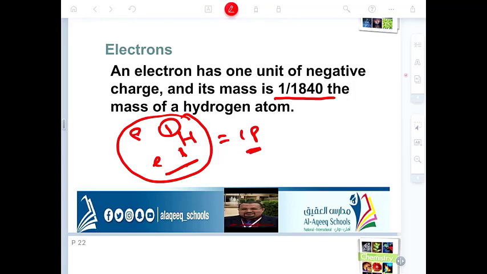To imagine it, the mass of the electron is 1 over 1840 of the mass of the proton, or we can say of the mass of hydrogen.